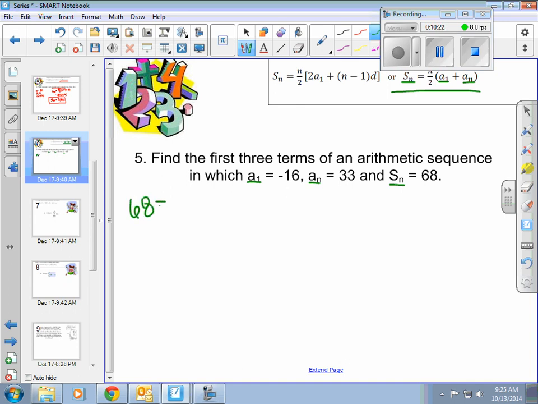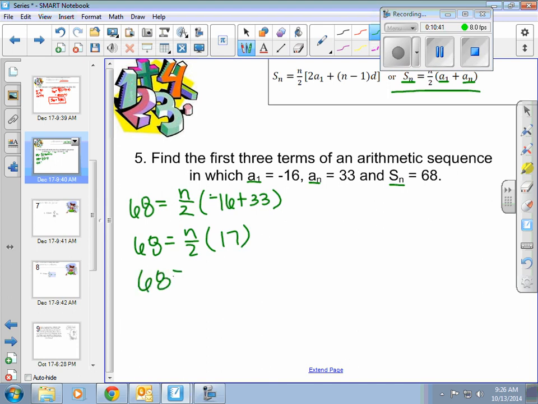So I have 68 is equal to n over 2, and then I have negative 16 plus 33. I can simplify. Negative 16 plus 33 is 17. And if I take 17 divided by 2, I get 8.5n. And if I divide, I get that 8 is equal to n.